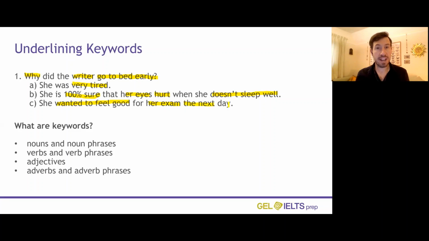And we've got the next day. It's a noun, but it's acting like an adverb in this sentence. So once you've done that, then you're ready to start trying to find the answers to the question. But that should always be the first step with pretty much every IELTS question, and particularly with the multiple choice ones.